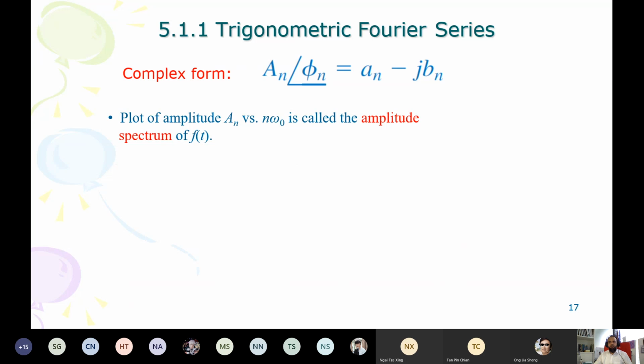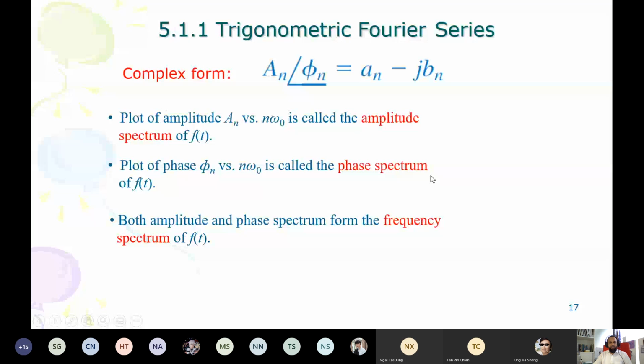Spectrum, by the way, is something plotted against frequency: on the x-axis is frequency, and the magnitude or phase is the spectrum. So the plot of An is the amplitude spectrum, and the plot of phi n is the phase spectrum. We combine them to get the frequency spectrum. Just naming them.